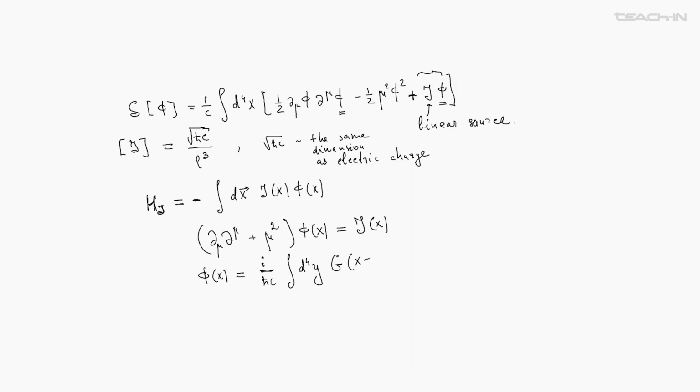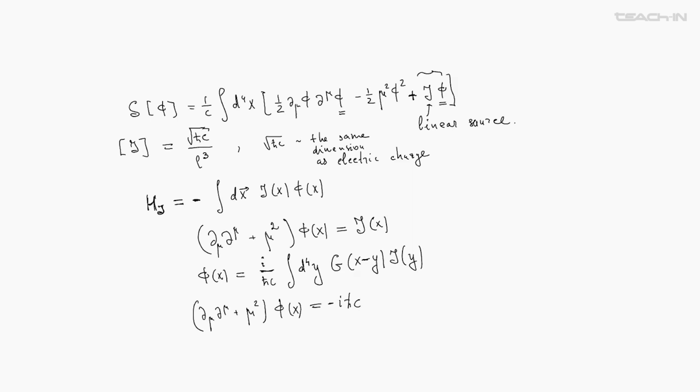And we know what the Green's function is. The Green's function is a solution of the fundamental Klein-Gordon equation, where on the right-hand side of this equation we have a delta source, so a point-like source, minus i h bar c times the four-dimensional delta function, x minus x prime.